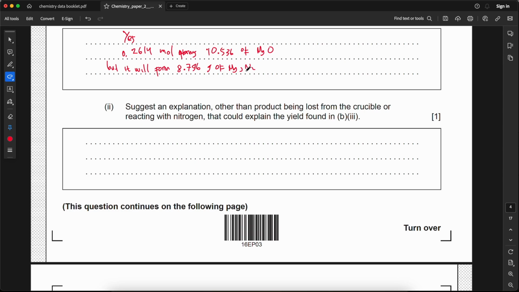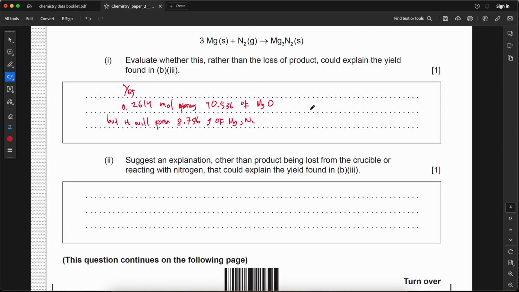How do we get this? So these are the calculations. The magnesium nitride coefficient is 1, but magnesium is 3. So we can find the mole of magnesium nitride by using the mole ratio 1/3 times 0.2614, which is 0.087.